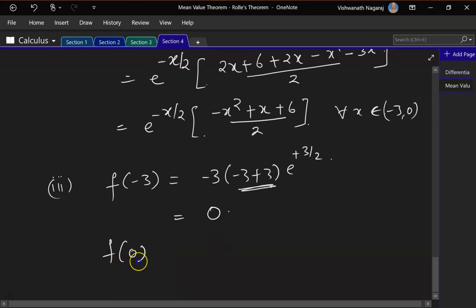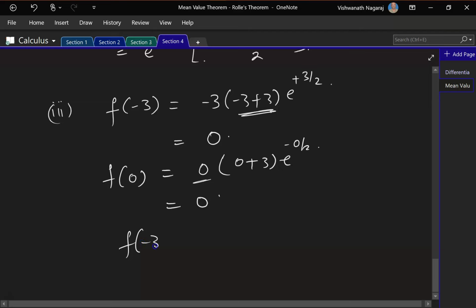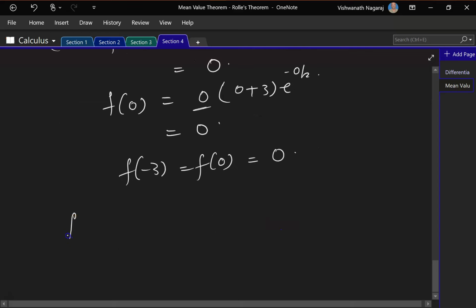Similarly, f of 0. So here what happens? This becomes 0 into 0 plus 3 e to the power of 0 by 2. Now because this is 0, this entire thing is 0. So f of minus 3 is equal to f of 0 is equal to 0.